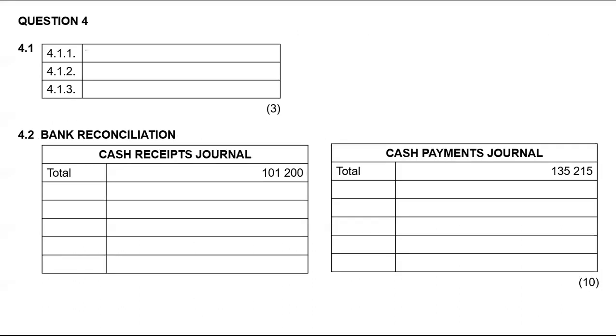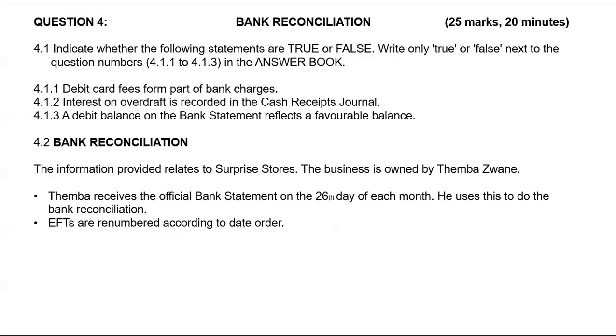It is true. Interest on overdraft is recorded in the cash receipts journal. That is false because interest on overdraft is an expense.